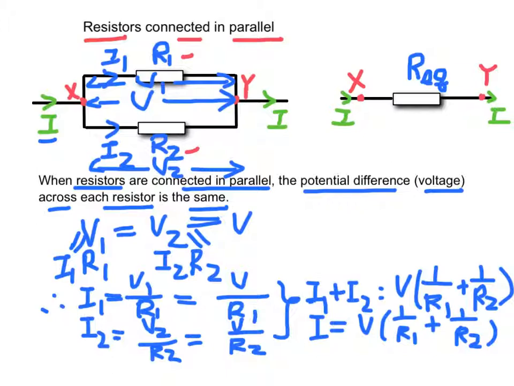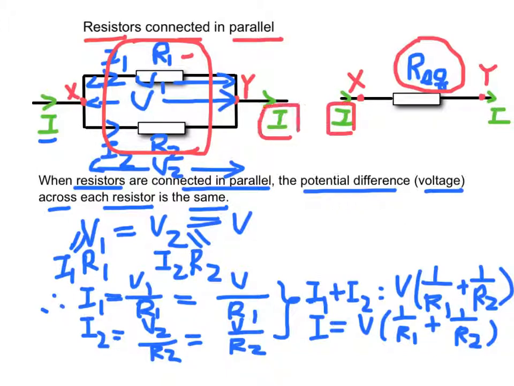If now we use a single resistor of resistance Req, or we say the equivalent resistance, to replace the combination of R1 and R2, on the condition that the currents are the same and the voltage across XY are the same.